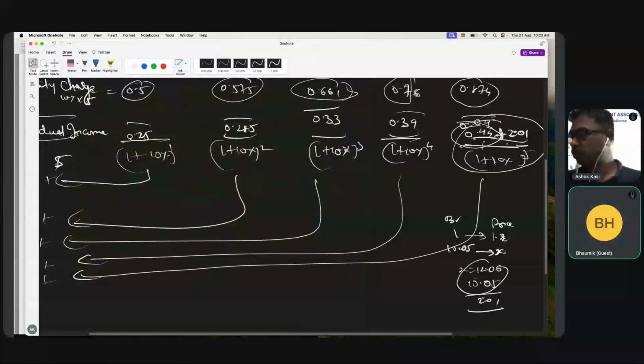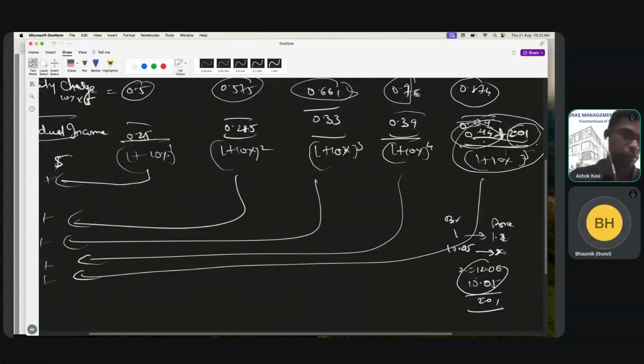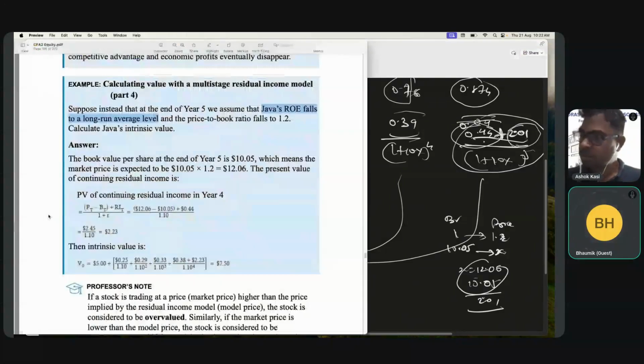So this amount we will get, and then the market will price it a little higher. Anyways, you do now. 7.49, 7.5.